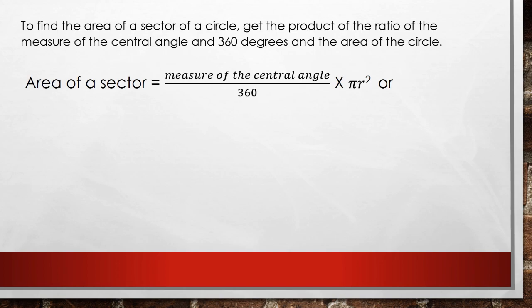O, bakit biglang lumitaw dito yung central angle? Okay, remember that the sector was derived from 2 radii. Eh, syempre, kapag ang radii ay involved, that means to say, the vertex of the angle is at the center of the circle.